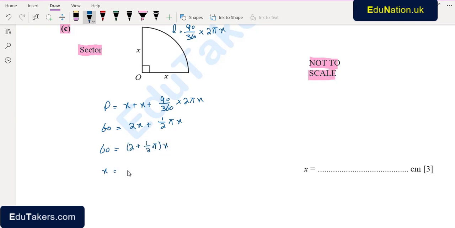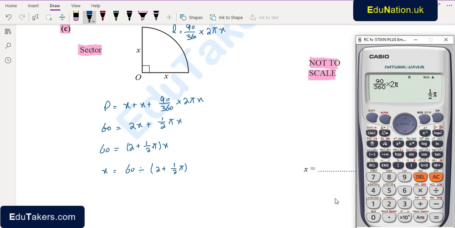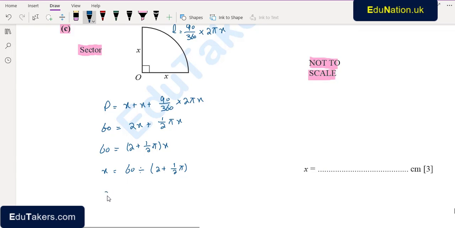So x will be equal to 60 divided by 2 plus 1 over 2 pi, which is 16.8. x is 16.8.